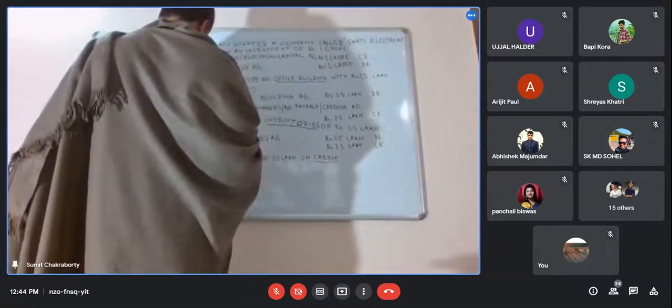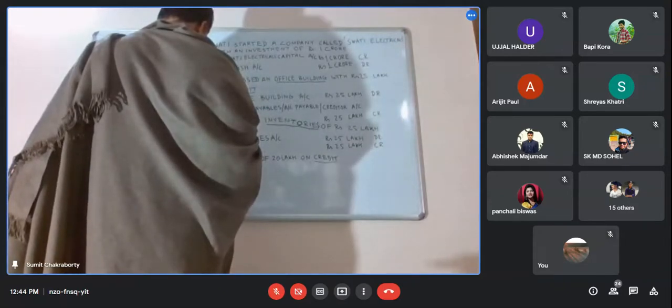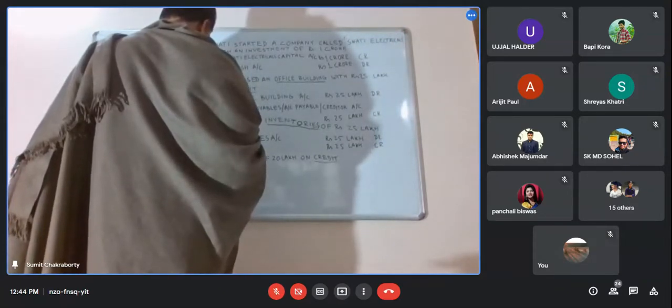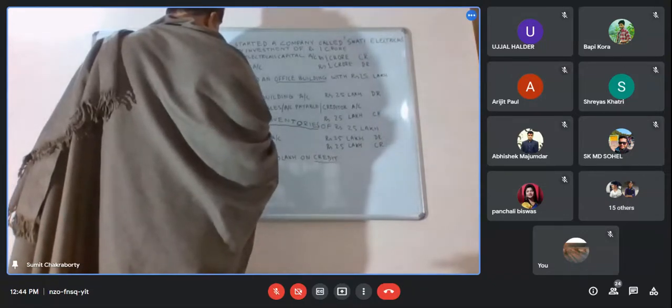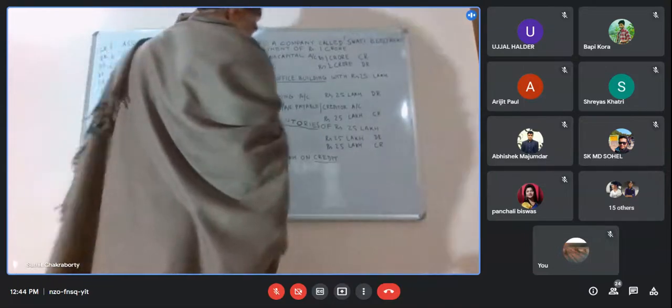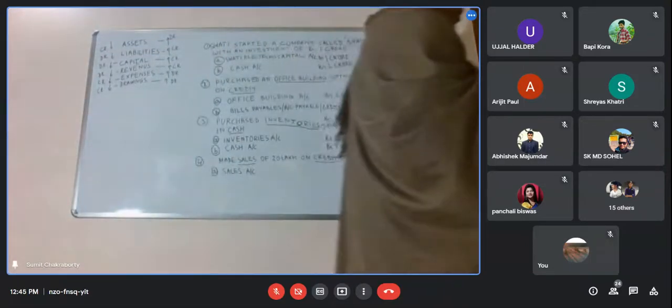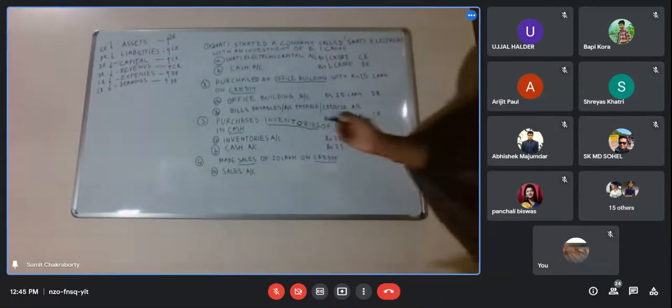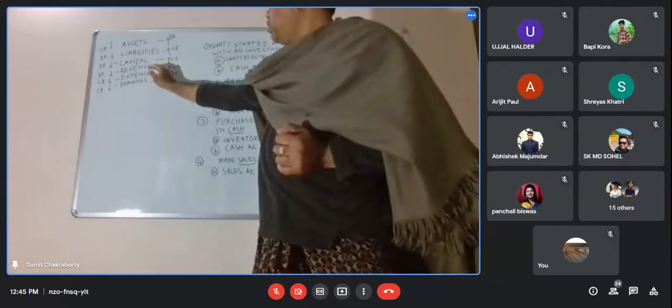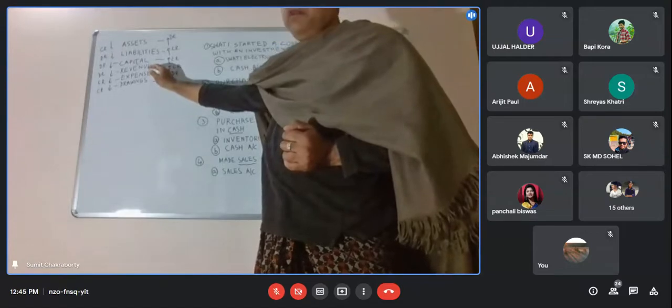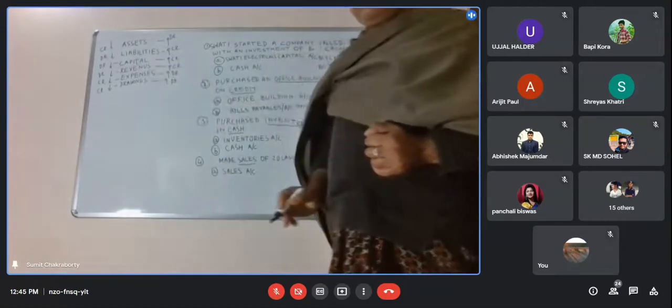So A, sales account, debit or credit? That one you should tell me now. Sales account, debit or credit? Sales means revenues. Sales belong to revenues. Is it debit or credit?